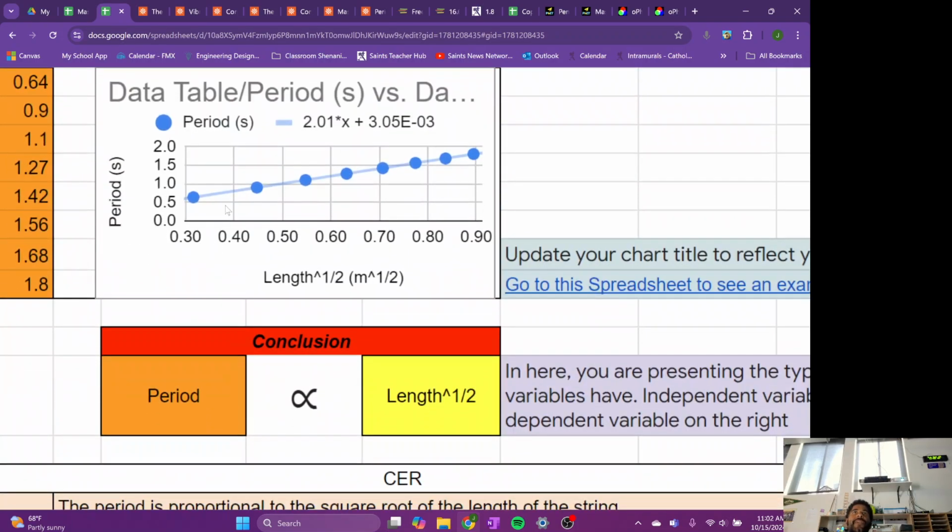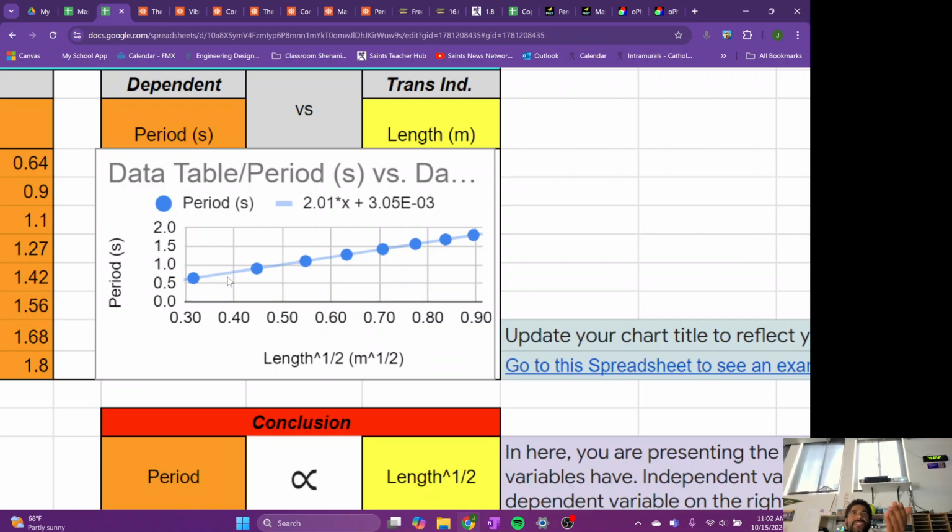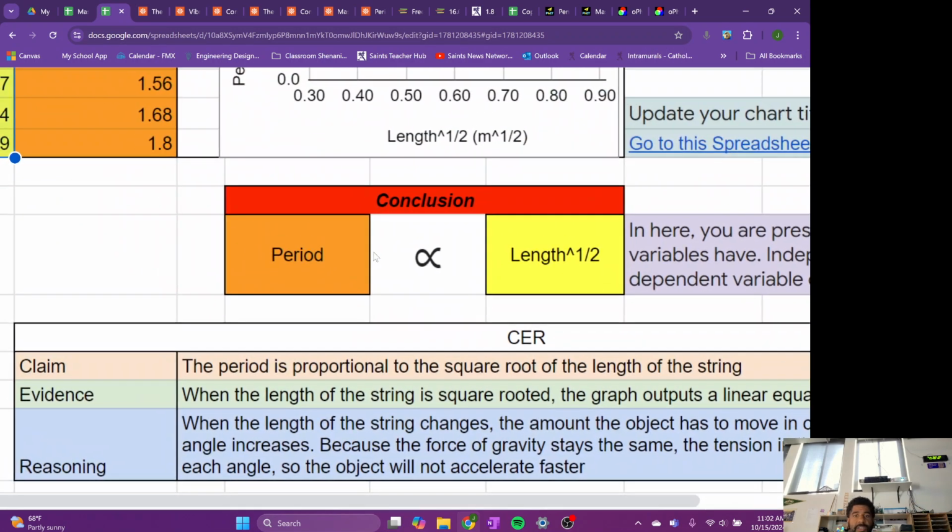And this is lovely because now I actually have a nice little line that ends up coming up on here. So I have a linear relationship. And when I have a linear relationship, that shows that the period is proportional to the square root of the length. These are things that we have done before when we were transforming the distance and time squared graph that you had on your test, in your FRQs, but now we're just changing it to different variables, okay?